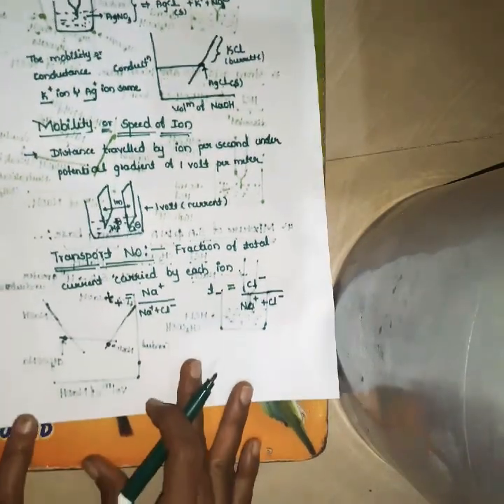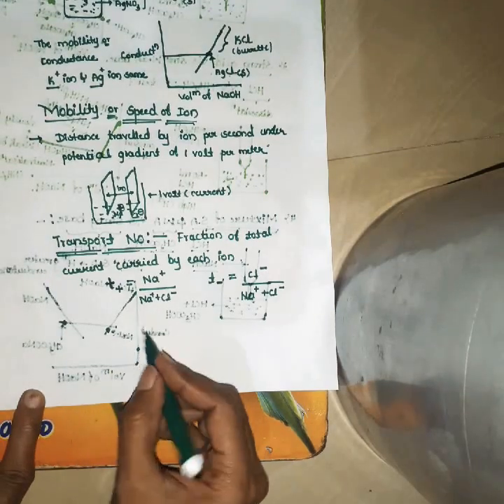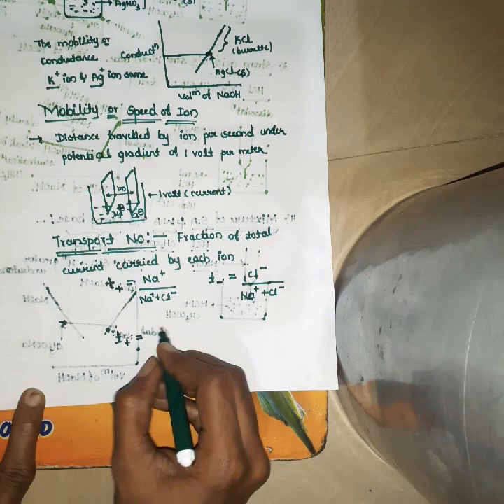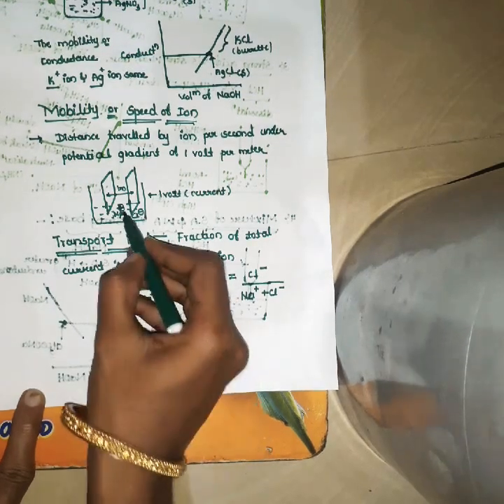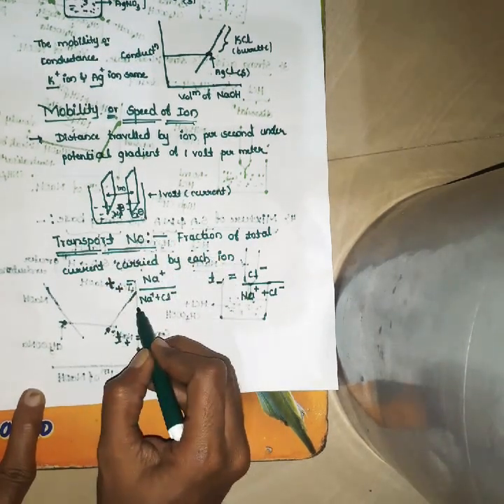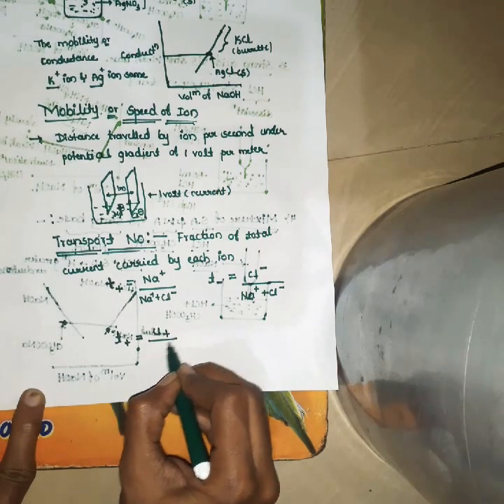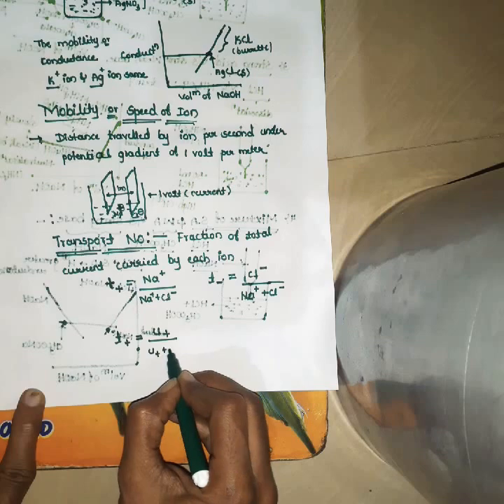Generally, the formula for the transport number of a cation is denoted as U plus divided by U plus plus U minus.